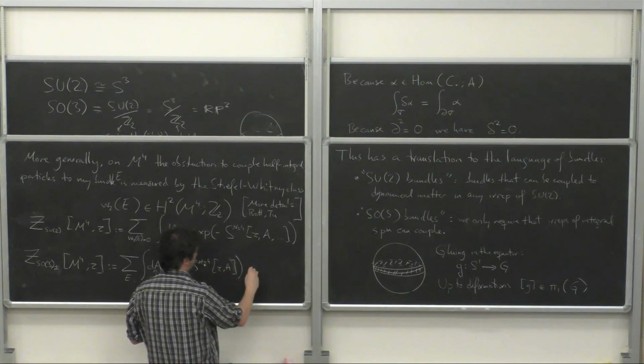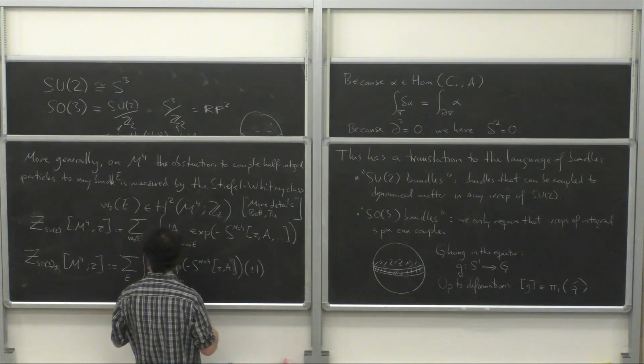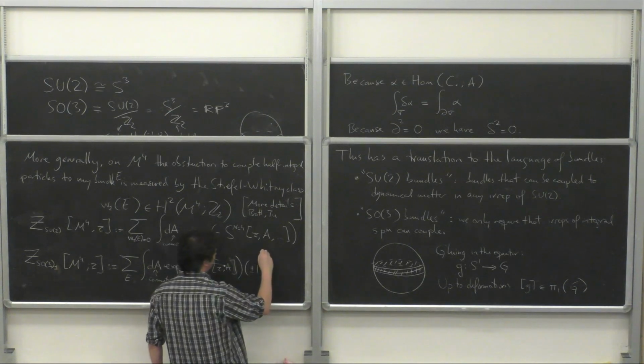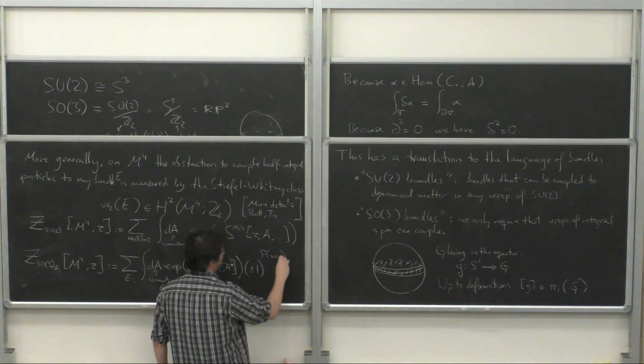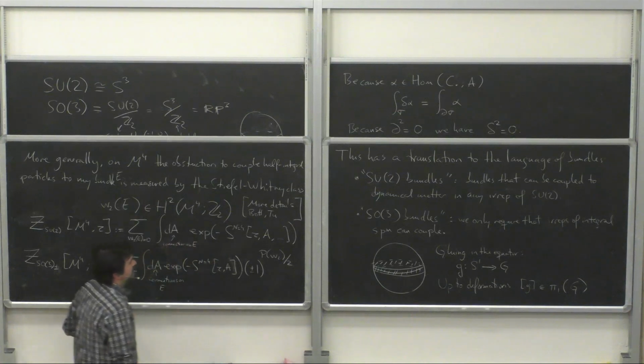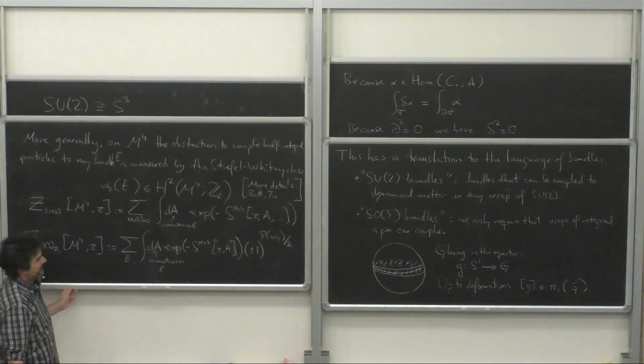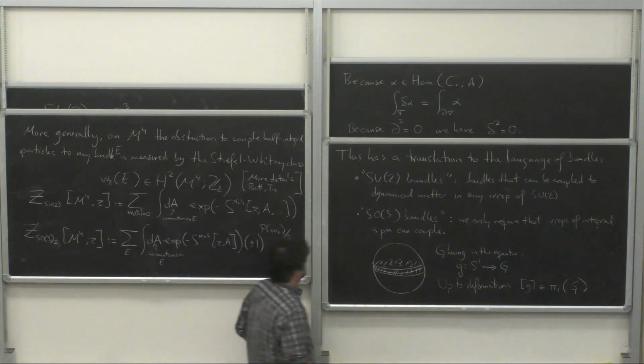But then there's an extra factor, which is plus or minus 1, depending on the variant of the theory, to the Pontryagin square of W2 over 2. So I have to define what the Pontryagin square is.